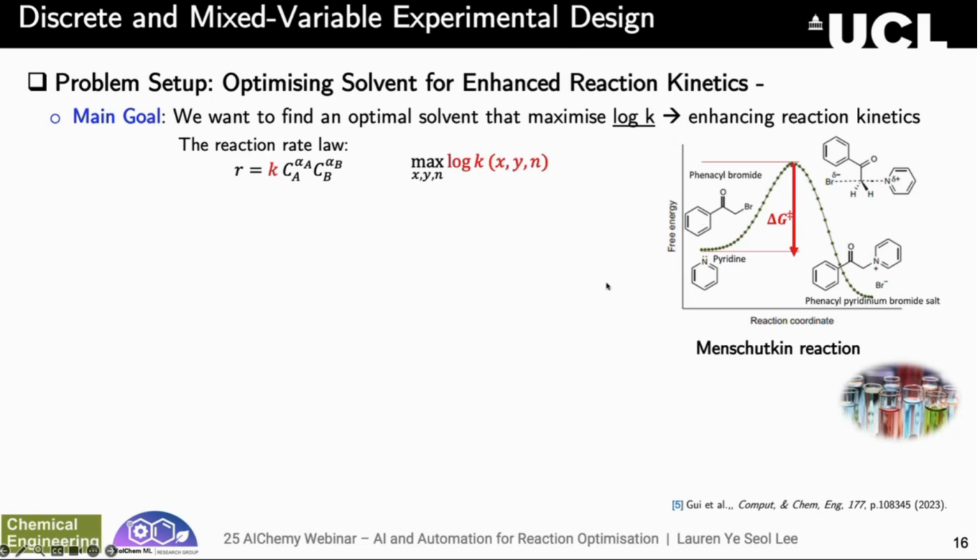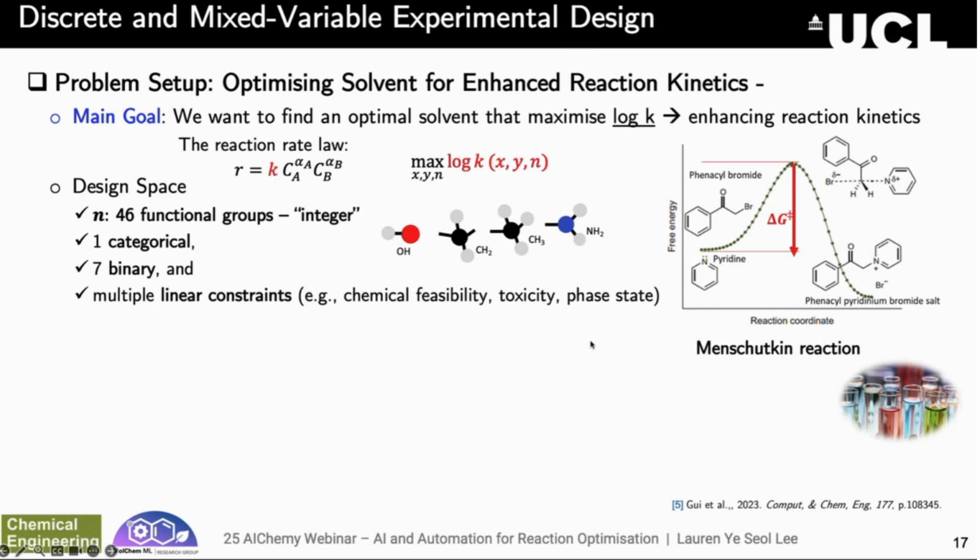So the objective here is to identify the optimal solvents that maximize the reaction constant log K, which is determined by the reaction activation free energy. But of course, computing this reaction activation energy through quantum mechanical calculations or experiments is expensive. So we want to minimize the number of evaluations.